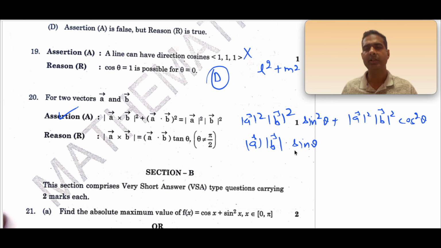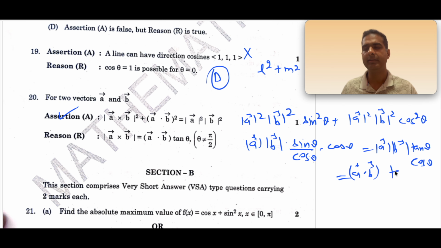and directly it doesn't look correct, but if I divide by cos theta and multiply by cos theta, we can say it will be mod of A, mod of B, tan theta times cos theta. So mod of A, mod of B, cos theta can be written as A dot B, and tan theta. So reason is also correct, but from this reason we cannot say that assertion is true.